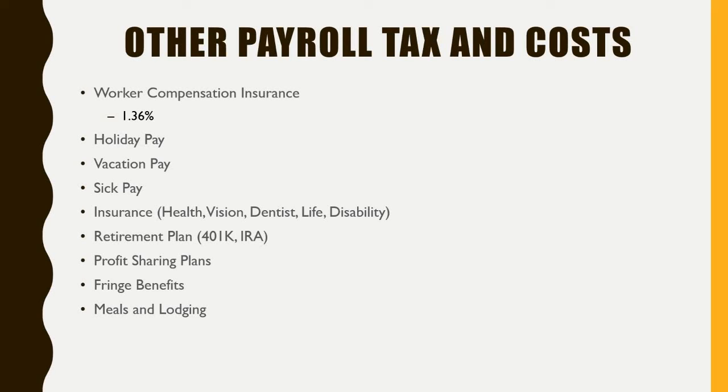Workers' compensation is a legal payment to protect the employee in case they get injured on the job. But what it is mostly for is legal protection against your company, so in case the employee decides to sue the company, that's what this money is for.